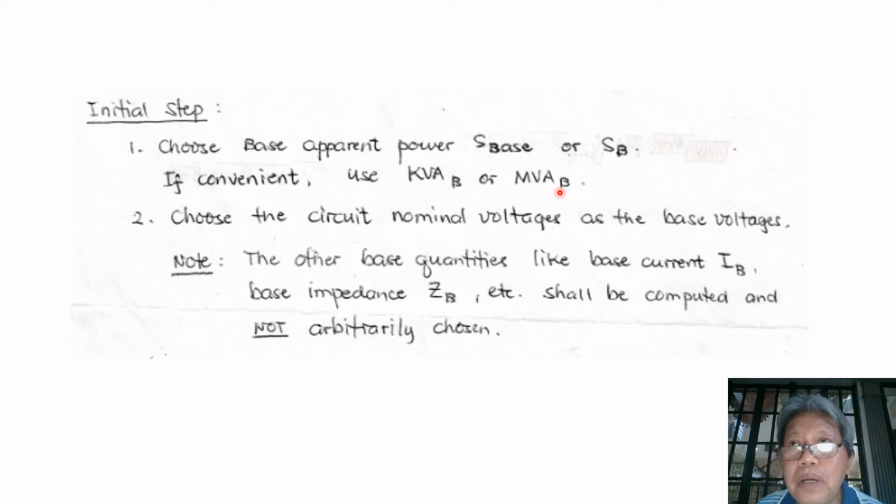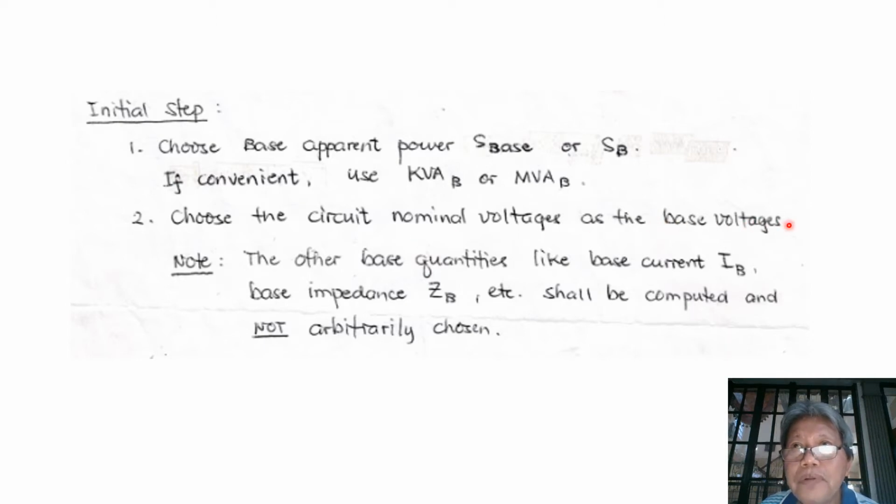That means throughout the calculations, the common base for apparent power must be the same. Usually the common MVA base chosen is 100 MVA. Then after choosing the base MVA, we choose the circuit nominal voltages as the base voltages.